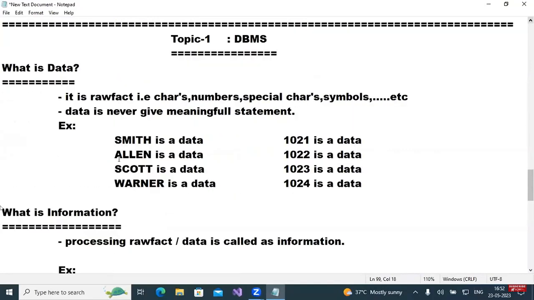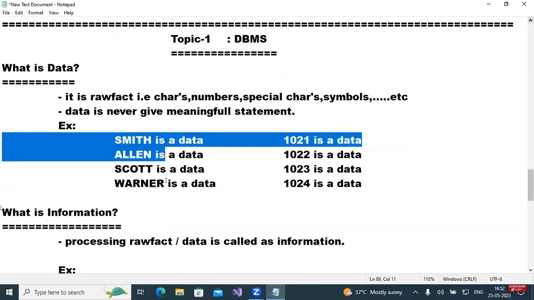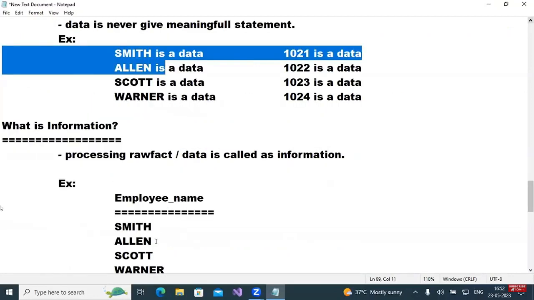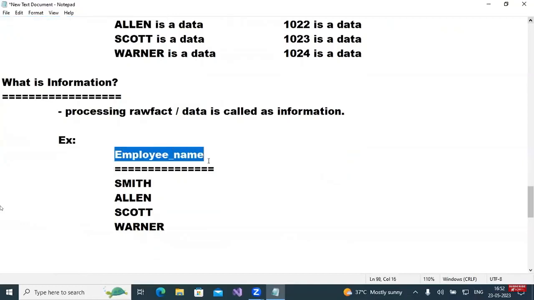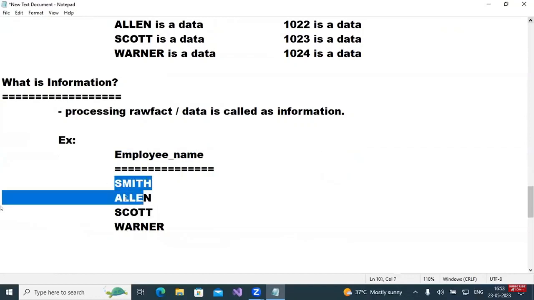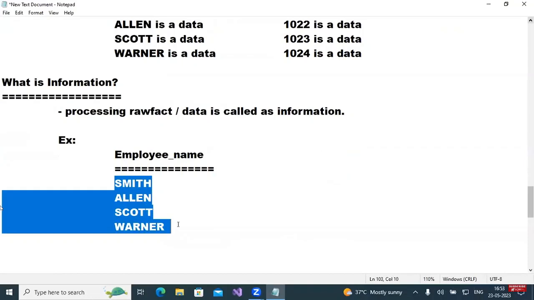Before, I also stored my data, but there was no meaning. Now I'm storing the same data with a meaningful statement. With the help of this predictor, anybody can understand that these are employee names. So now these names have some meaning.